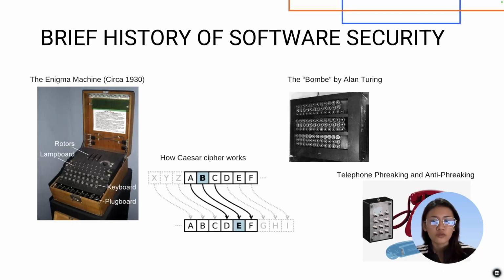One of the earliest and most significant examples of security through encryption is the Enigma machine. The Enigma machine was developed in the early 1930s. Here is an image of what an Enigma machine looks like. This machine is a famous encryption device used by the Germans.